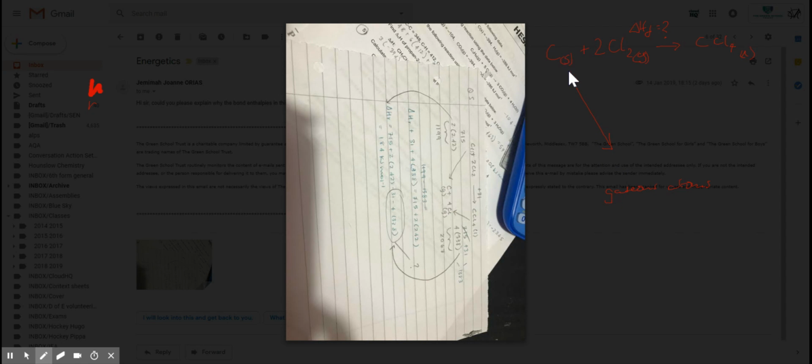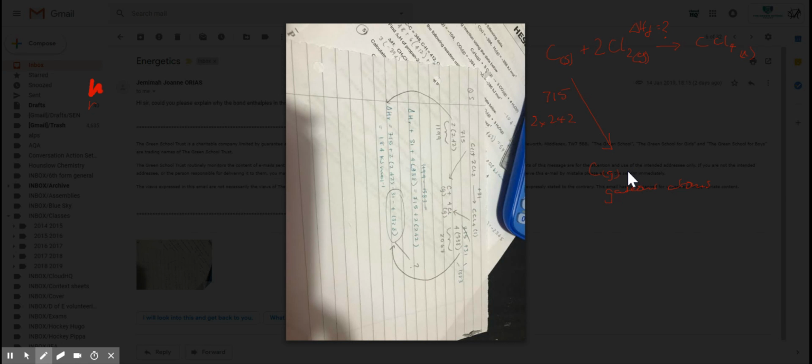So to go from carbon solid to carbon gas, the question tells us that is 715 kilojoules per mole, and we've only got 1 mole, so there it is, 715. And to break the bonds in the chlorine molecules takes 242 kilojoules per mole, but we've got 2 moles, so that's going to be 2 times 242.